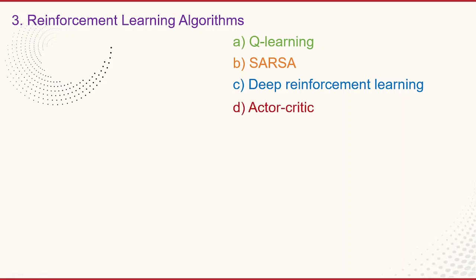Next is actor critic. This algorithm combines the advantages of policy-based and value-based methods by having a separate actor network to choose actions and a critic network to estimate the value of the current state. It is often used for solving continuous control problems.